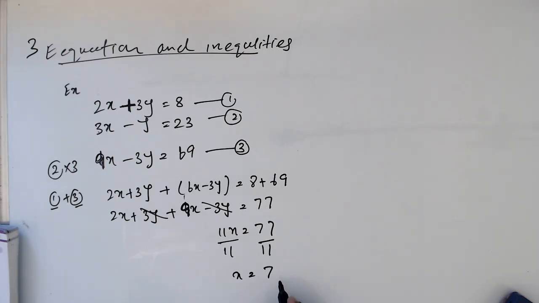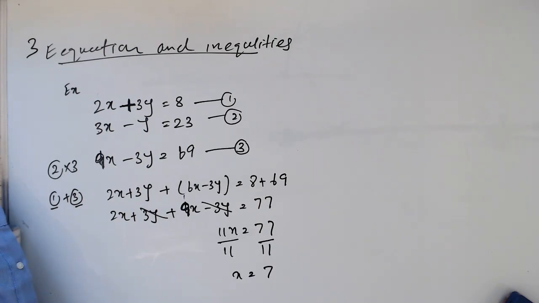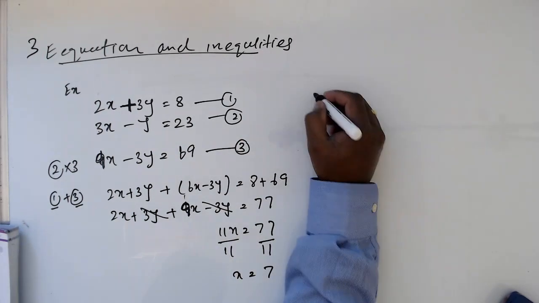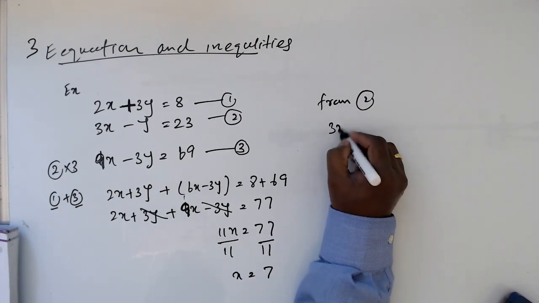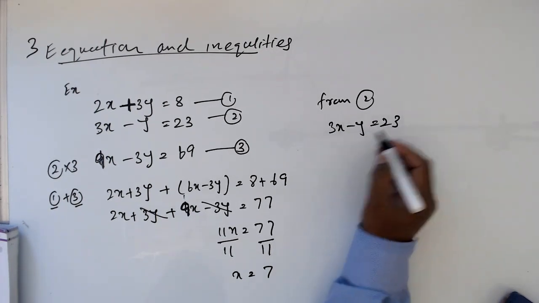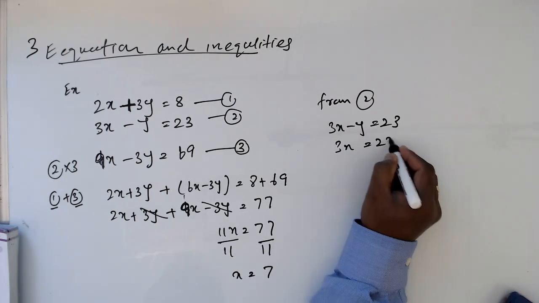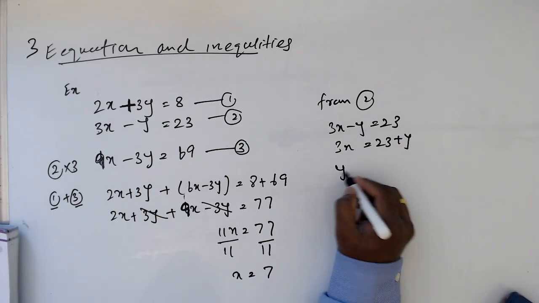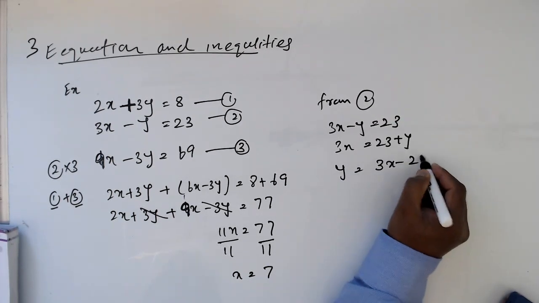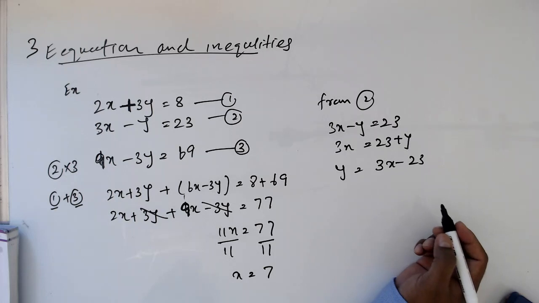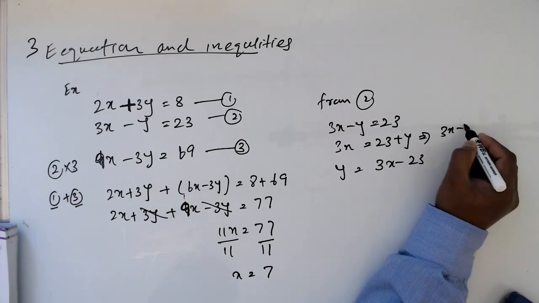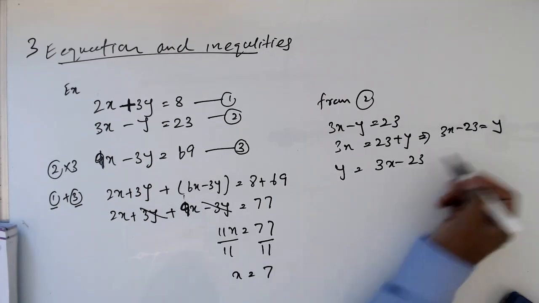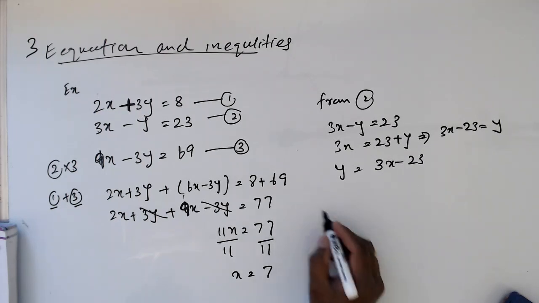Now I'm going to substitute x equals 7 into the best equation, number 2. From 2, 3x minus y equals 23. 3x equals 23 plus y. So y equals 3x minus 23.